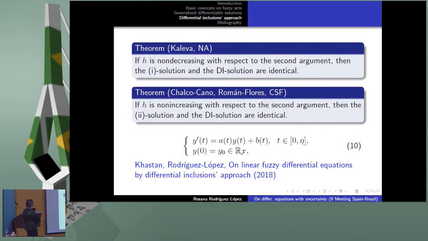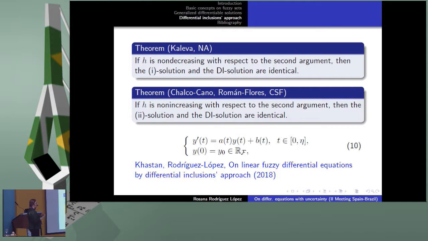If h is non-increasing with respect to the second argument, the differential inclusion solution is the same as the two solutions. So if we have an approach which is simpler, and in some cases is the same as the 1 and 2 solution, it is better to use this approach.